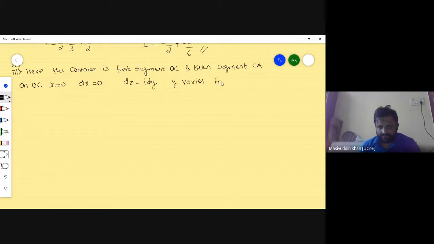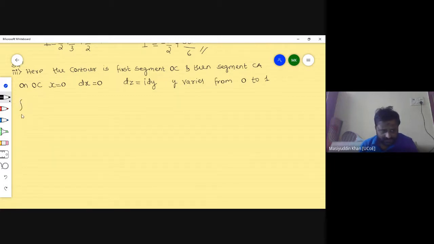y varies from 0 to 1. Now moving ahead with the next part, integrating this part.